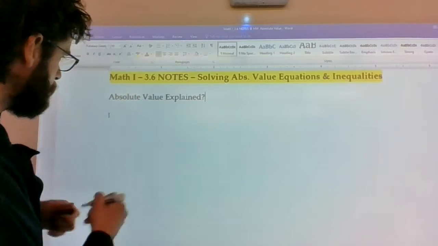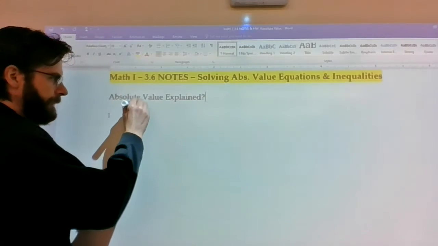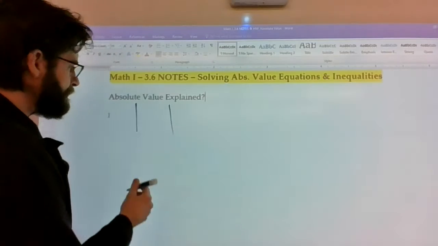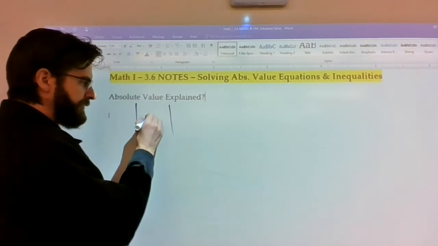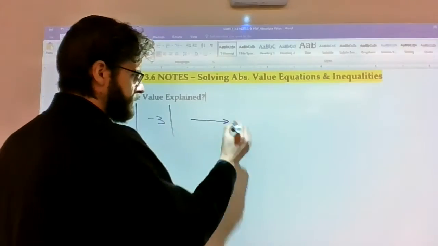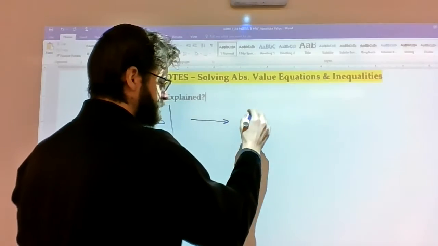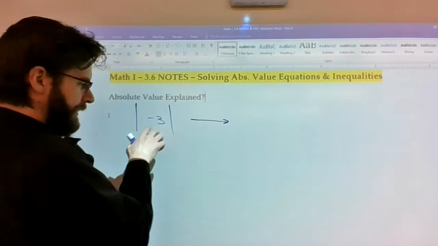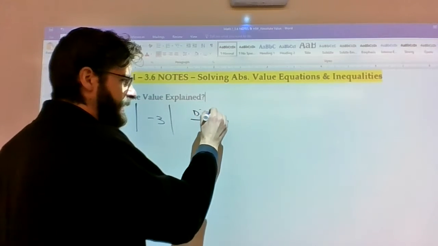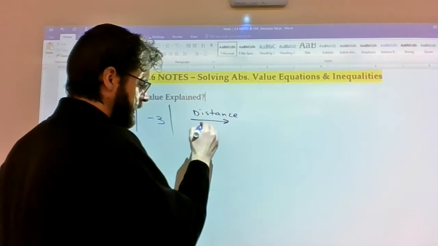So, first of all, these bars represent absolute value. If you said the absolute value of negative 3, what that basically says is you are going to take whatever's inside here and it yields whatever distance it is from 0 on the number line.